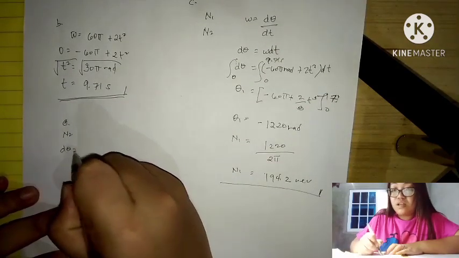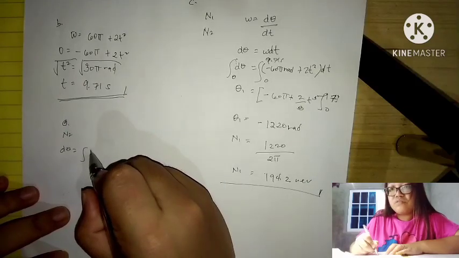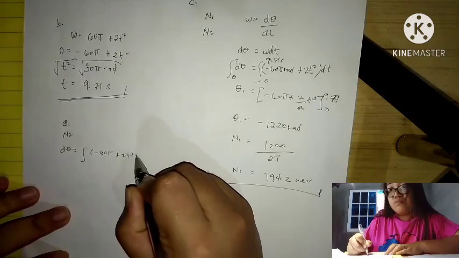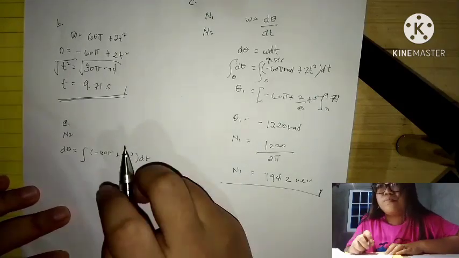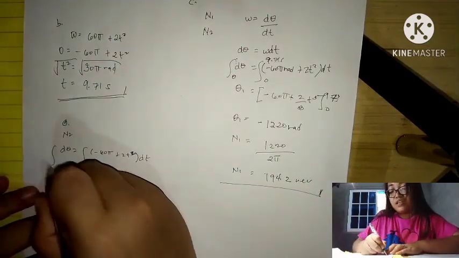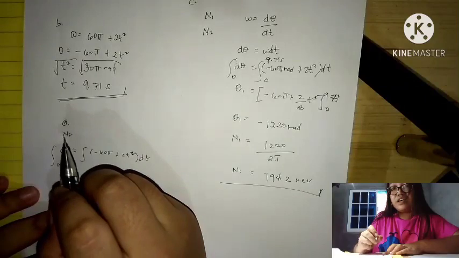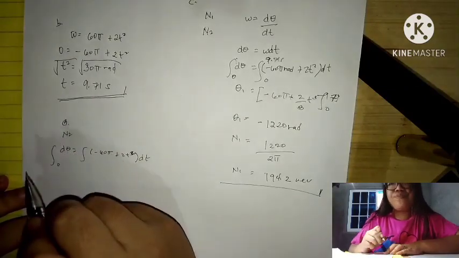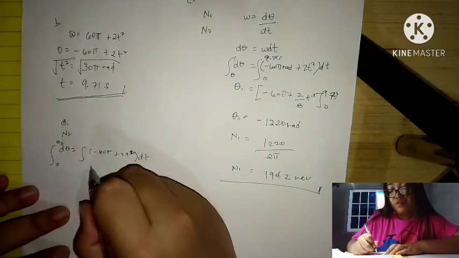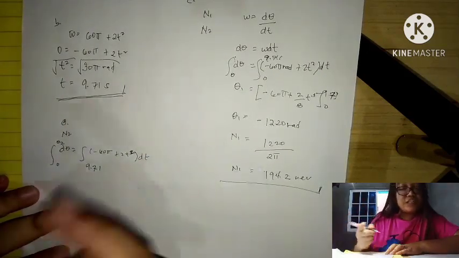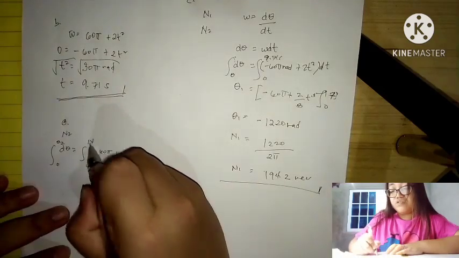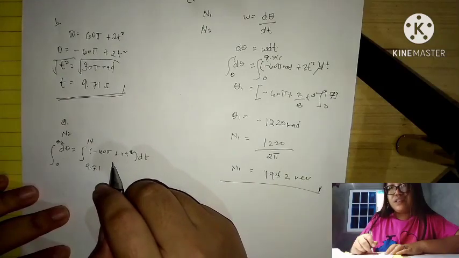Yung d theta is equal to integrate natin yung negative 60 pi plus 2t squared dt, nakalimit siya. Sabi kasi sa question, first 14 seconds of torque application, so limit to 9.71 to 14.